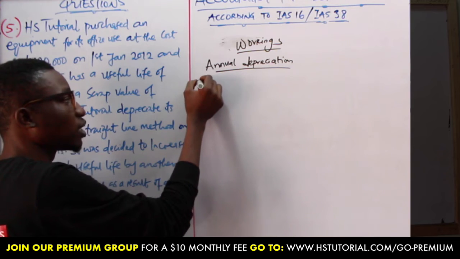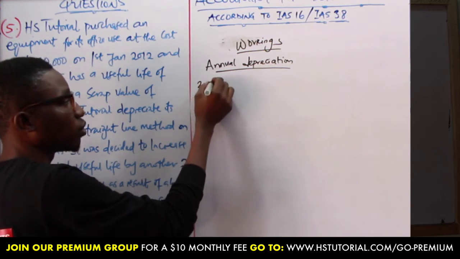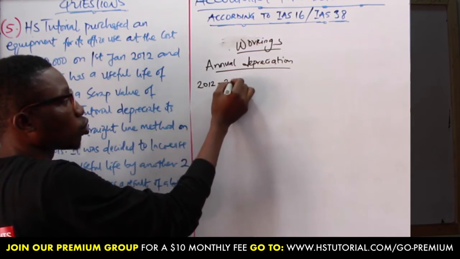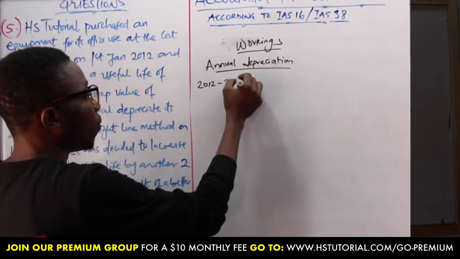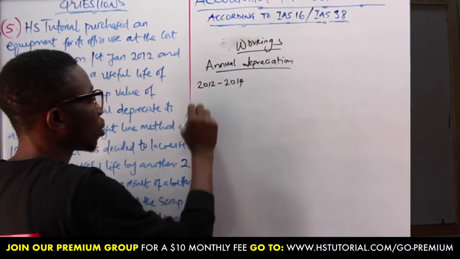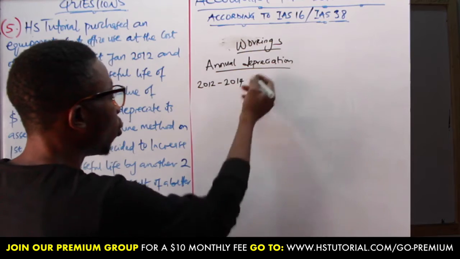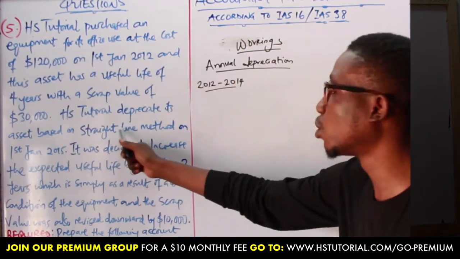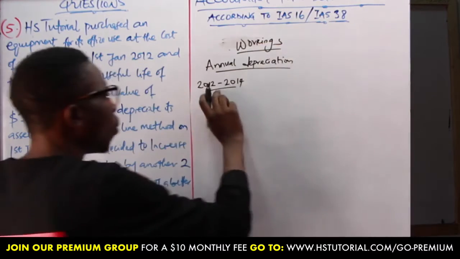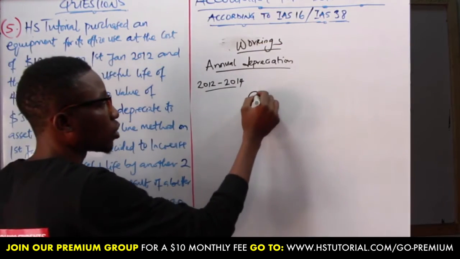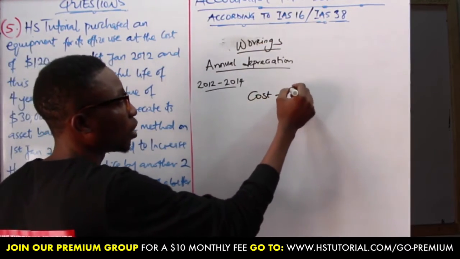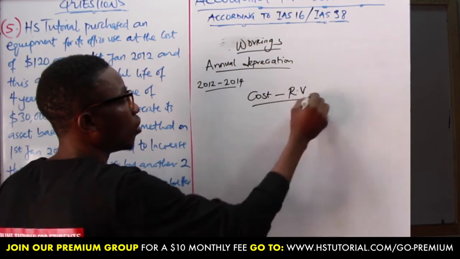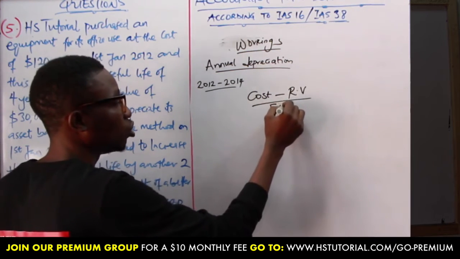You will say from 2012 down to 2014, that's the end of 2014. So you have to write the formula. They already said you are to calculate based on straight line method, so what you would just do is to say the cost minus the residual value, all over the estimated useful life.